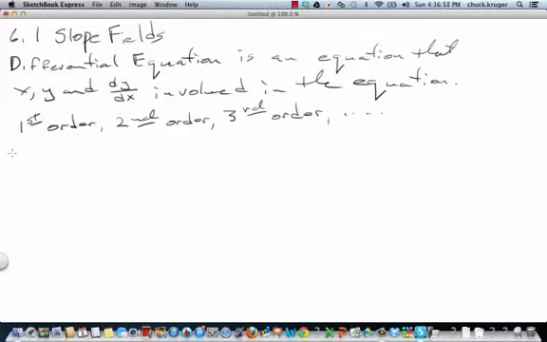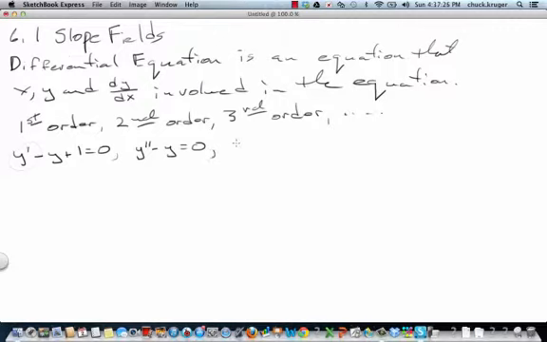The first order would be one that looks like this: y prime minus y plus 1 equals 0. I have dy dx involved in that, and this would be first order because I only have the first derivative. The second one would be something like this: y double prime minus y equals 0, and that would be second order because I'm talking about the second derivative.